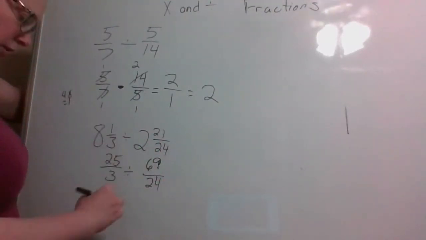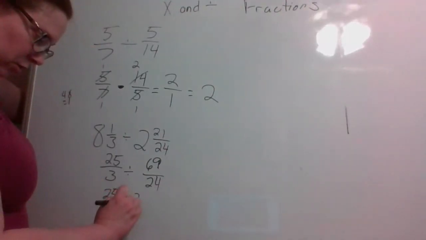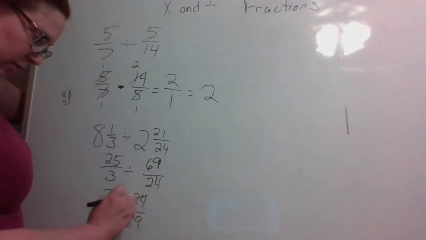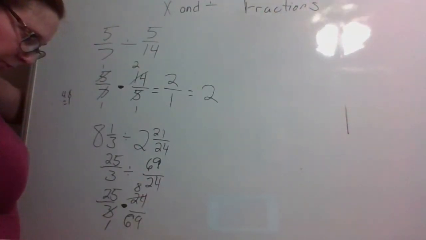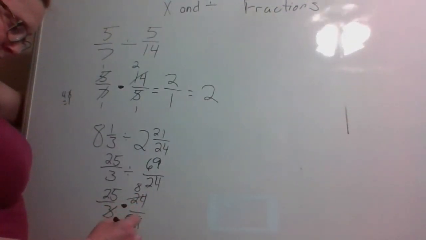Then I'm going to keep, change, flip. I can cross reduce, and that's all I can do there.